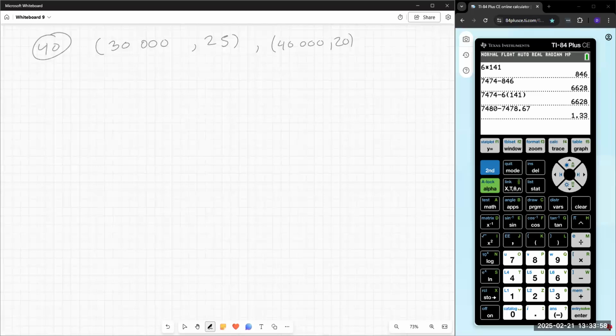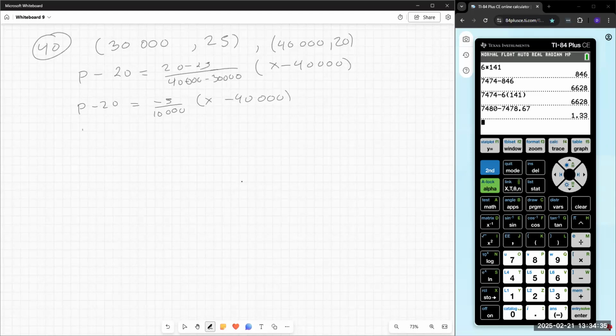So my P minus 20 is equal to change in Y over change in X times X minus that. So P minus 20 equals -5 over 10,000 times X minus 40,000.